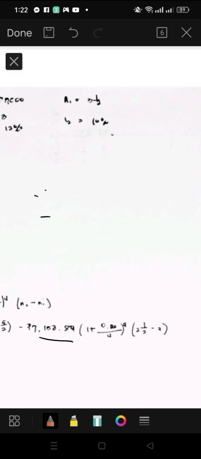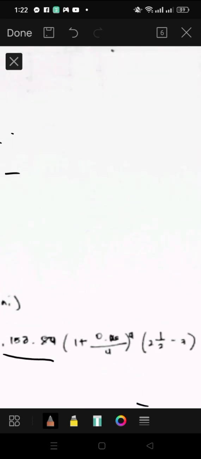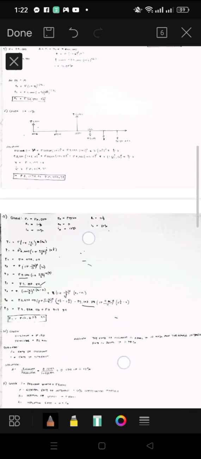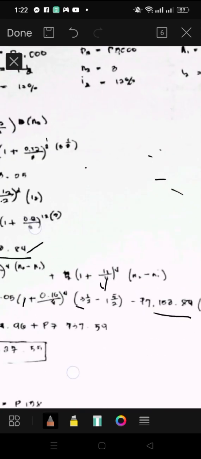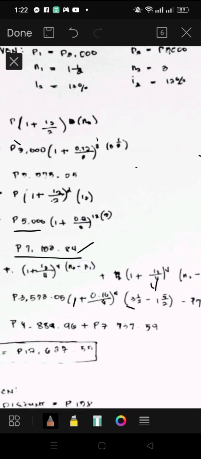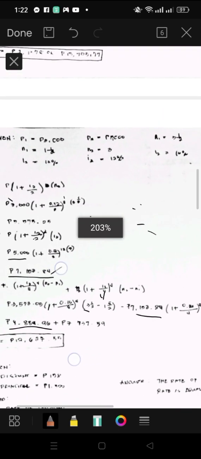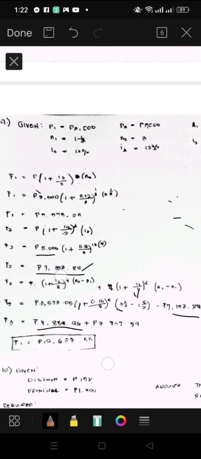So F1 becomes 4,889.96 and F2 becomes 7,737.95.